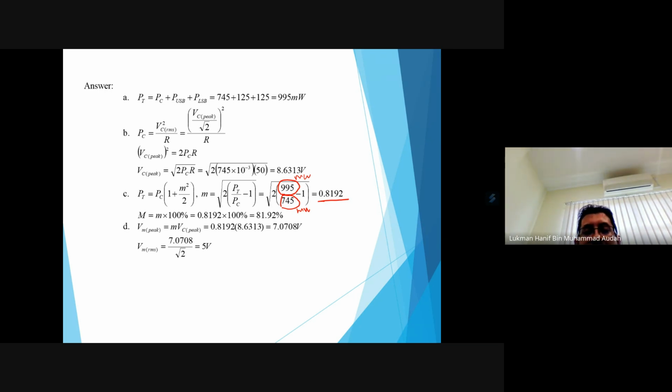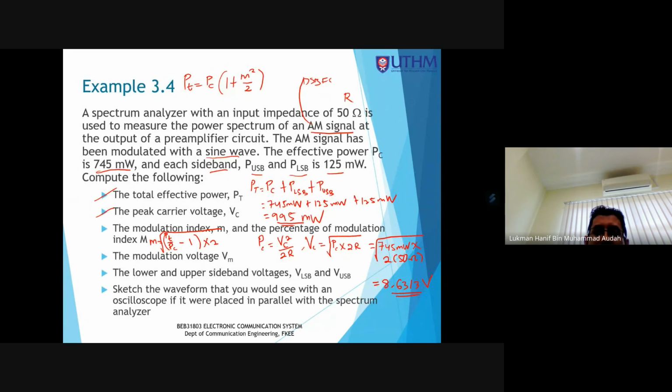If you want it in terms of percentage, you multiply by 100%, so we get 81.92%. So this is 0.8192, and this is equal to 81.92%.